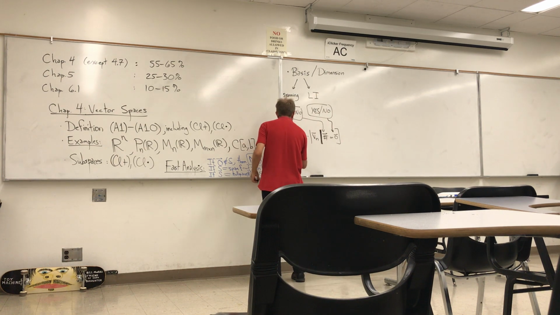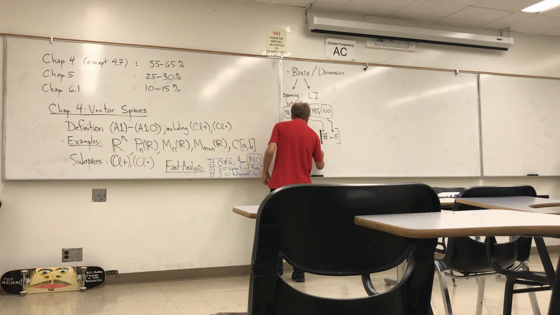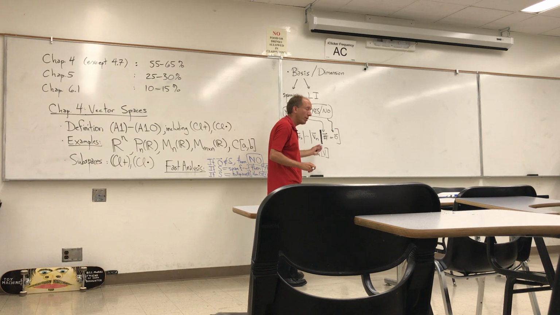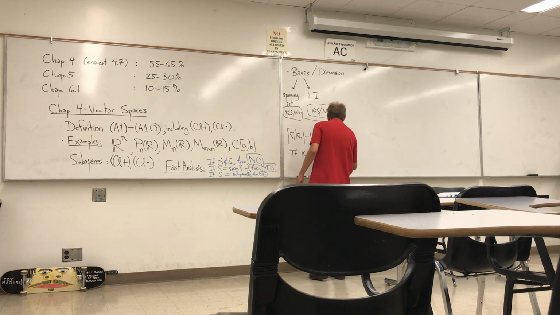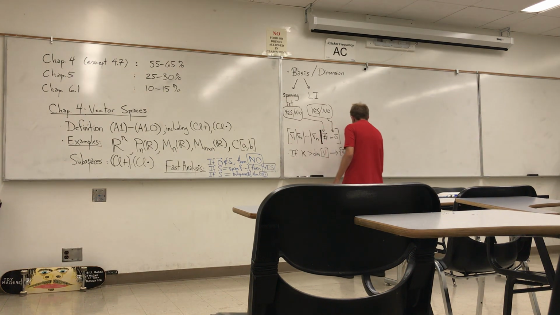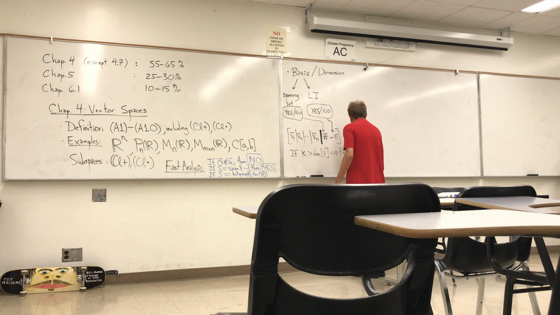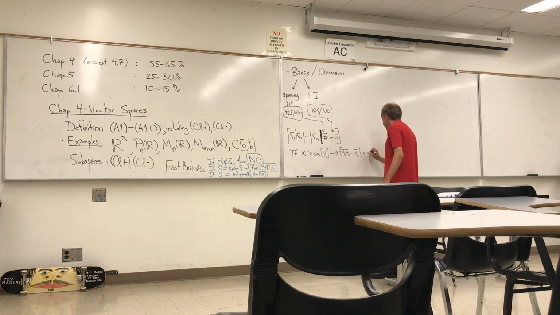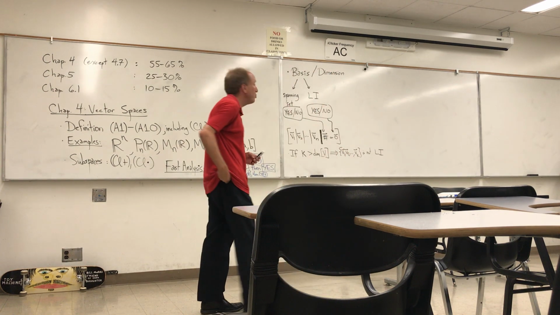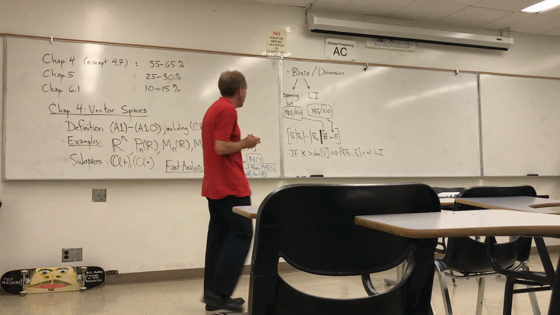So if K is bigger than the dimension of the vector space that you're looking at, which I sometimes call N, then the set V1 through VK, if I give you too many vectors, then this is not linearly independent for sure. You can immediately conclude that you have too many vectors for linear independence.